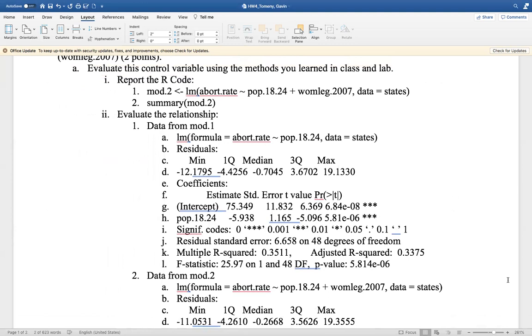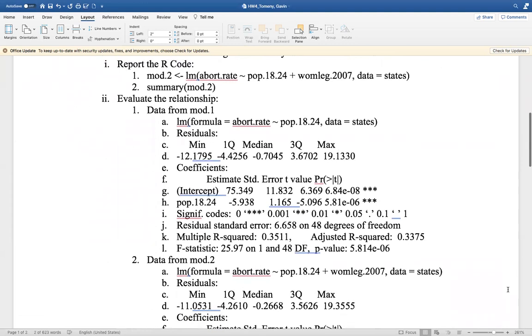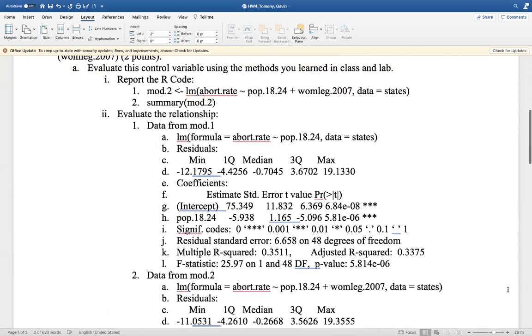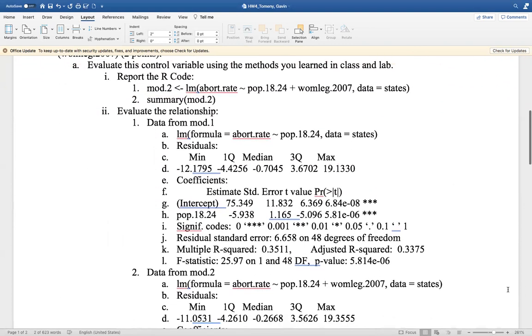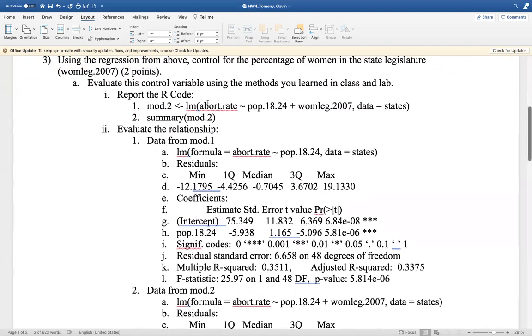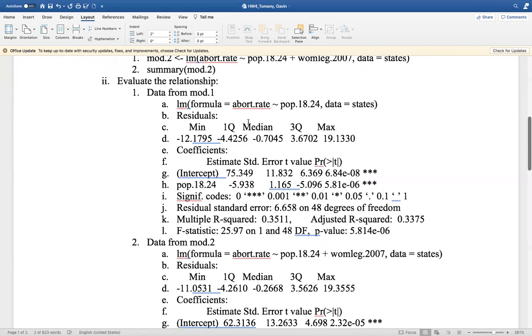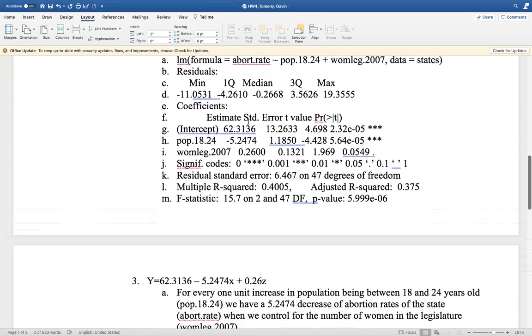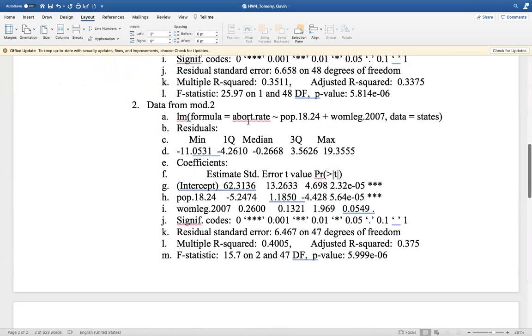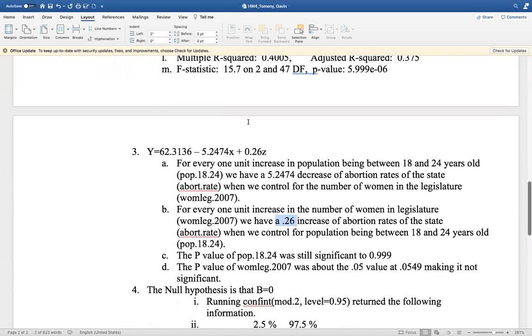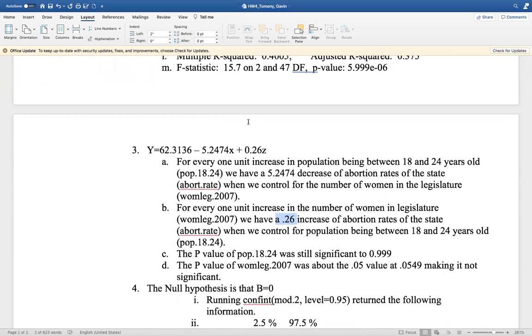You might not need to put in all that data. You definitely want to report your R code. And then when you're evaluating it, I just use that to go off of to show where I was getting my numbers and all my information from.